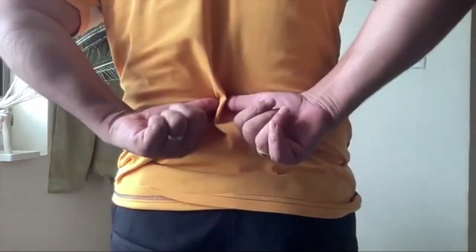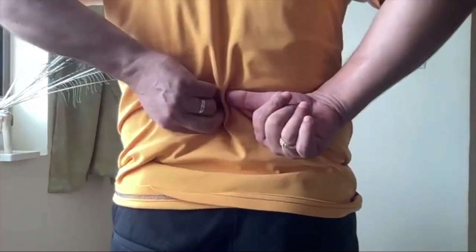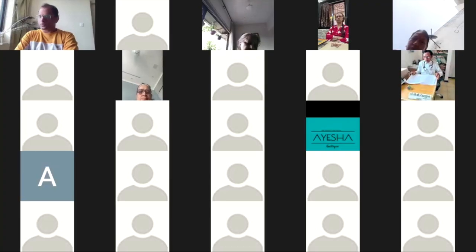Now from this level, if you go exactly on the back side, that is lumbar 4 vertebra. The point below that is DU3. So in our protocol, we have 2 extra points, kidney 3 and DU3.